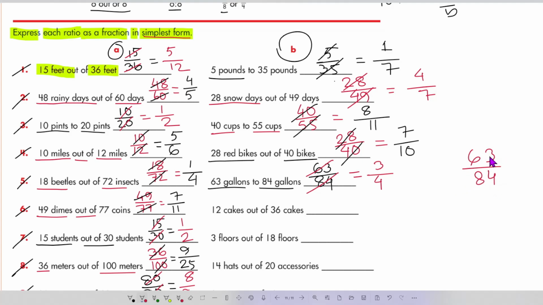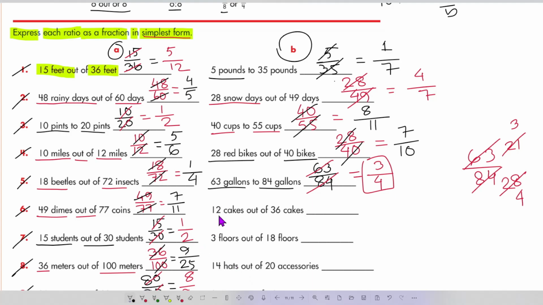Look, 6 plus 3 is 9, and 9 can be divided by 3, so 63 we can divide by 3. Once we divide by 3, we get 21. Again, 8 plus 4 is 12, and 12 can be divided by 3. Therefore 84 can also be divided by 3, so here is 28. Now 21 and 28 can be divided by 7. So 21 by 7 is 3 and 28 by 7 is 4. So here is 3 by 4, right?